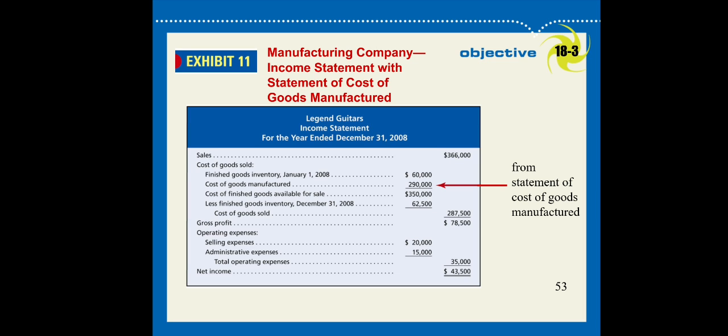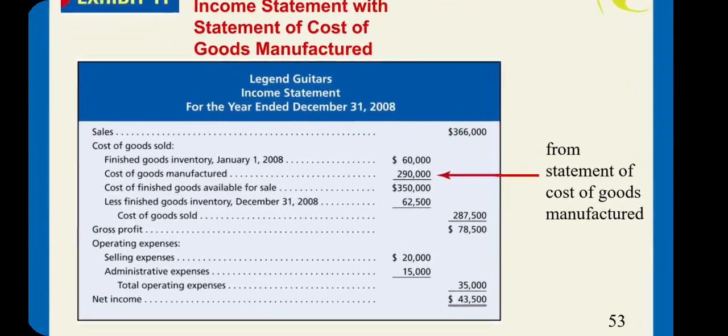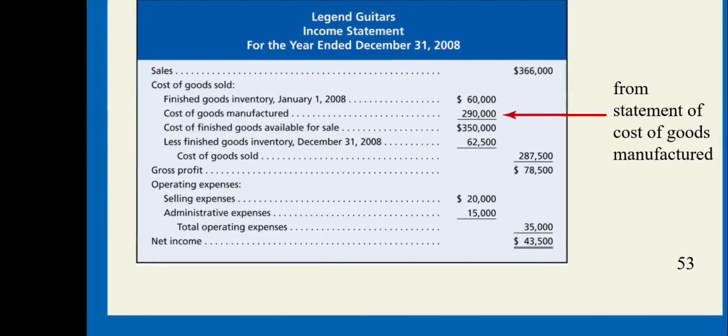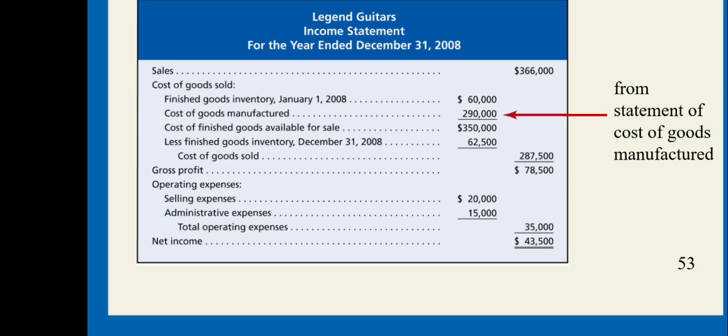So when you prepare an income statement for a manufacturing business, the format is like this. The first thing is you have to show the sales or revenue. See in this example, the sales is $366,000.